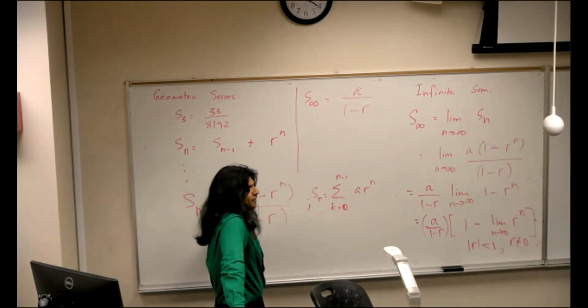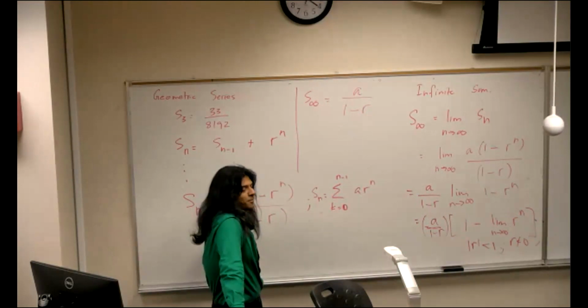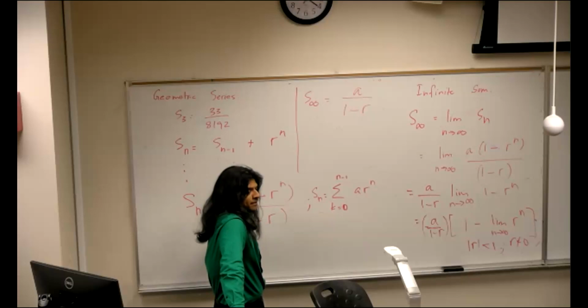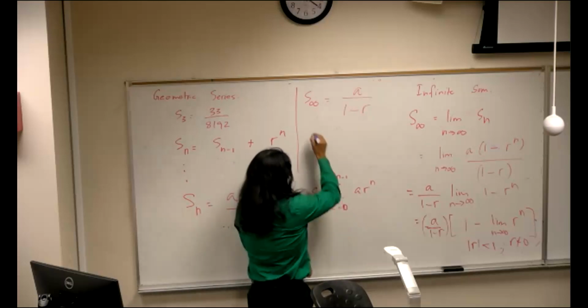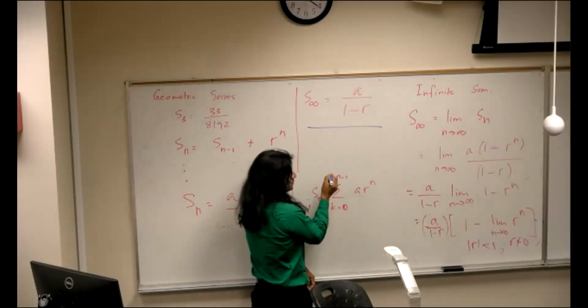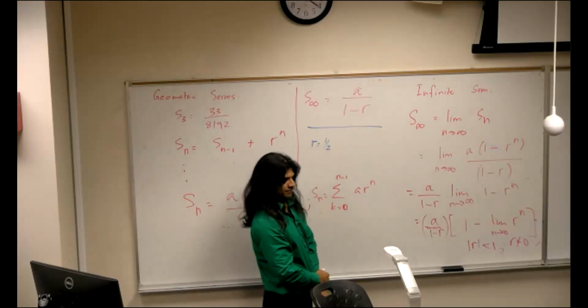So back to my bank example. I'm going to start with 50 cents. R is 1/2. Good. The first term is 1/2.